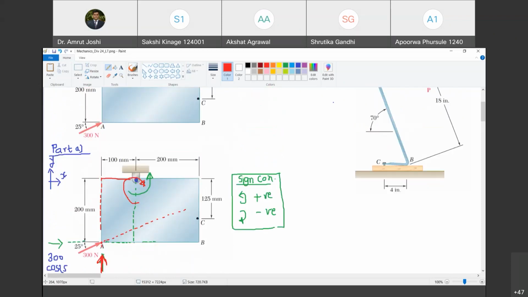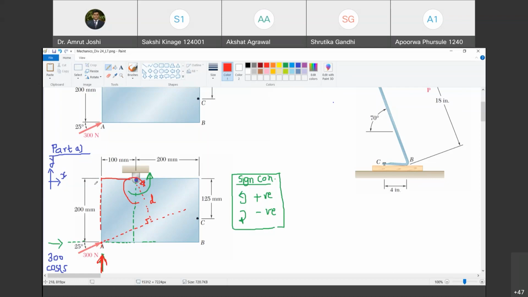Now, if I were to directly calculate the moment of the 300 Newton force, then what would I have to do? From D, I will drop a perpendicular on the line of action of this 300 Newton force, and I would have to calculate this distance. Do you agree with me? Yes, sir. That would require complicated geometry, which has been eased out by resolving this 300 Newton force along two rectangular components, one along x, one along y.